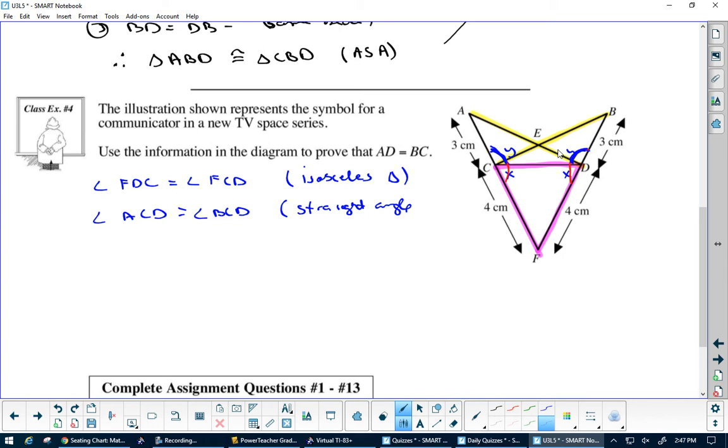And then do you see these two triangles here? This one and this one, starting from here to here. Do you see they both share CD? CD is their bottom. So CD equals DC. It's the same side.